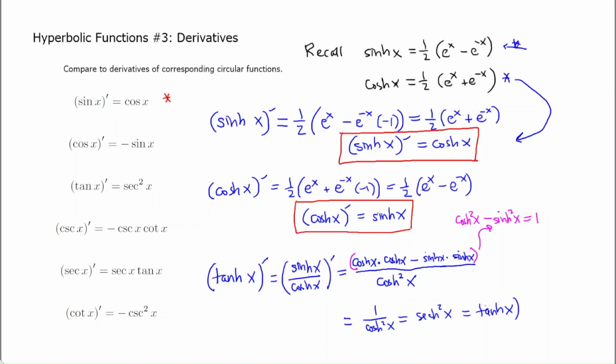And this is the derivative of the hyperbolic tangent function. So here we have something which is again exactly the same, except I just put the h's on there. No negative sign is introduced. So we've had 2 out of 3 so far just carry straight over from trig, and then 1 where we had a missing minus sign. Let me create a little bit more space, and we'll come back and finish up with the other 3.